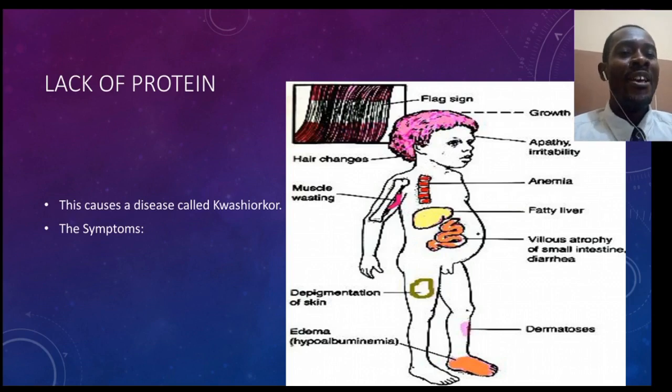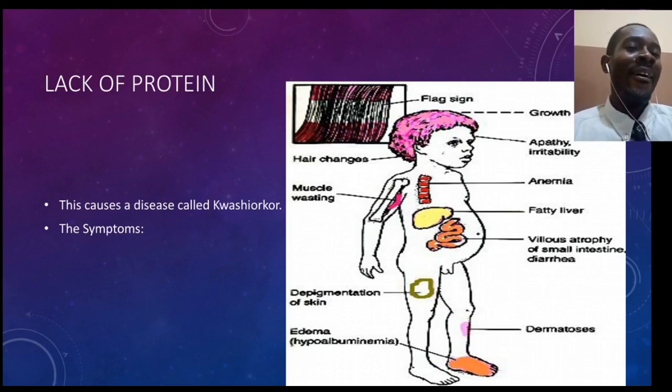You can see in the diagram that there is a lot of changes in the skin and hair color. The hair color will begin to take a different color apart from the natural one. Not necessarily being pink or purple as you can see on your screen, but this is for the white colored people.